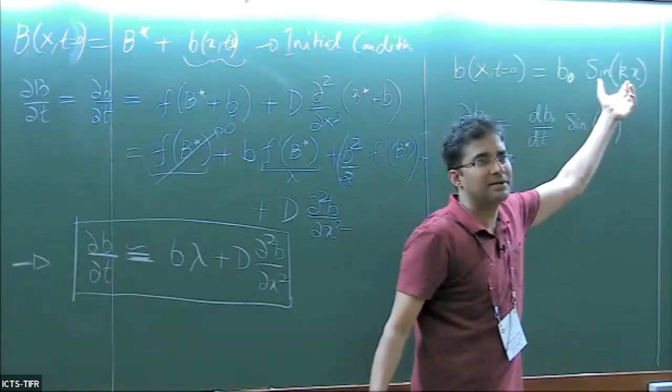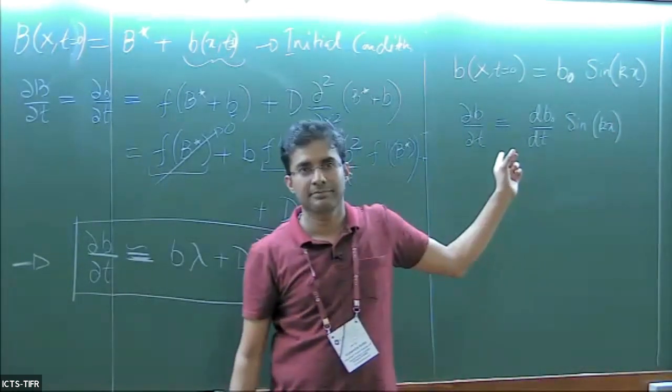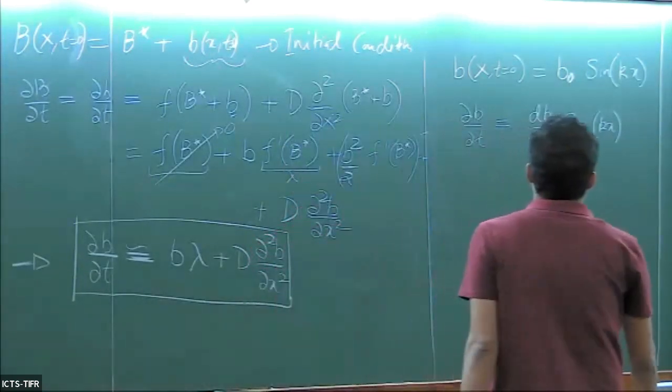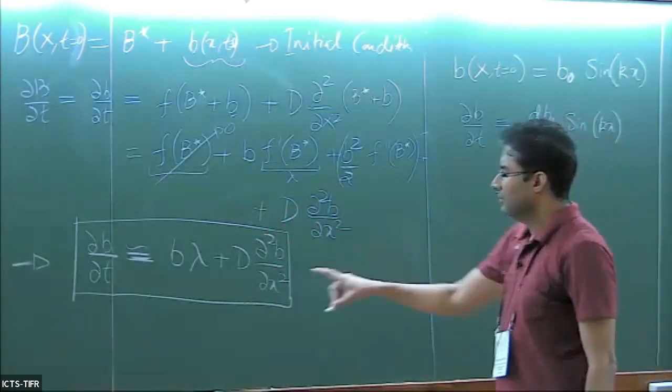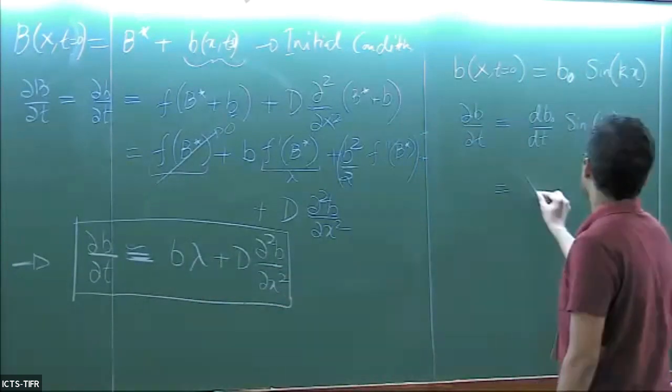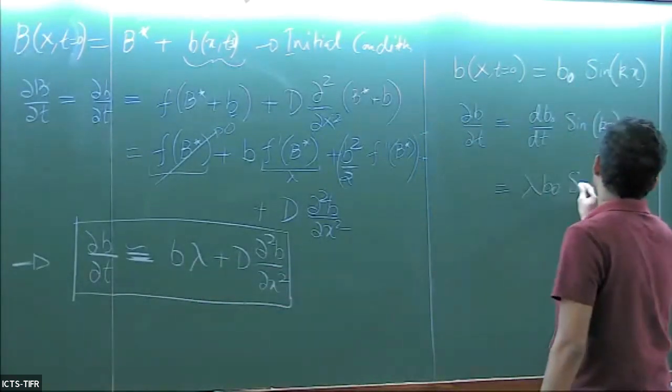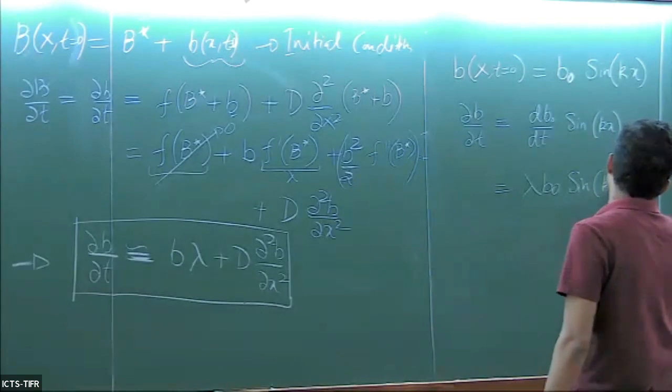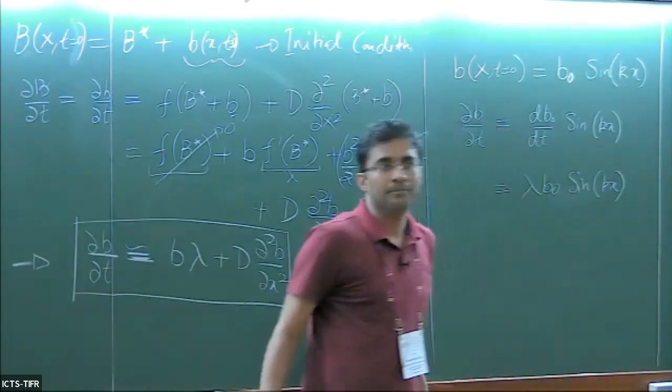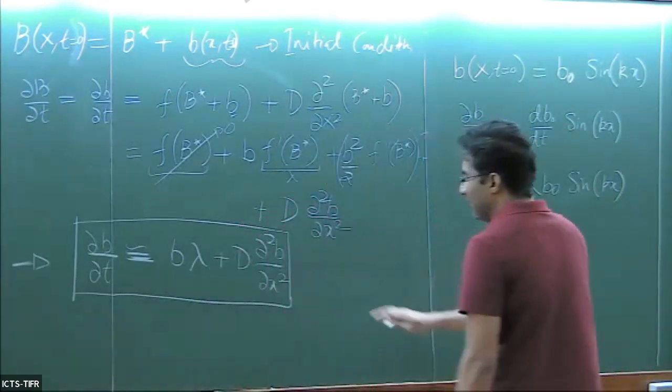There's anyway no time term here, right? So the left hand side will be this. Is that fine with everyone? What about the right hand side? That should be equal to lambda times B, so lambda B0 sine of kx.